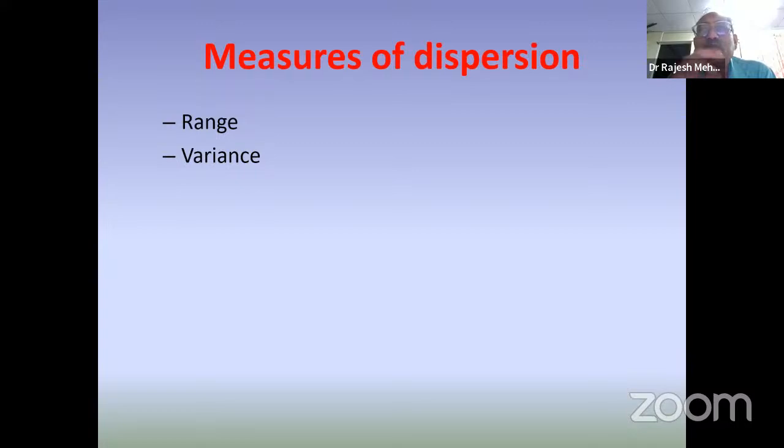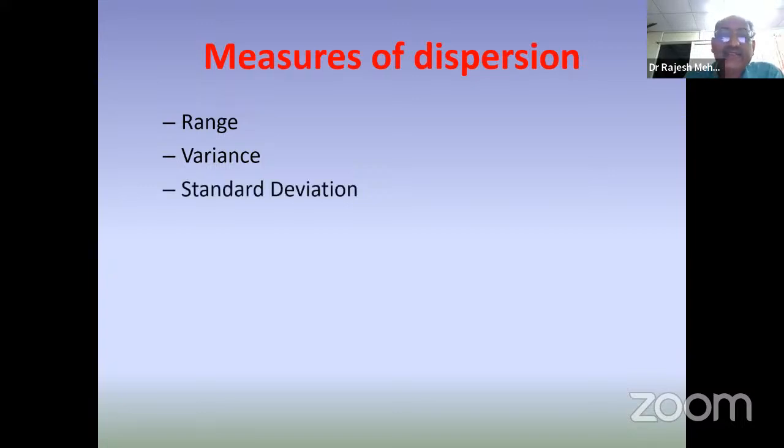So whenever you want to find out standard deviation, you should remember that if data is more than 30, then you divide by n, and if data is less than 30, you divide by n minus 1. Whom to divide? That is the deviation square to find out standard deviation.